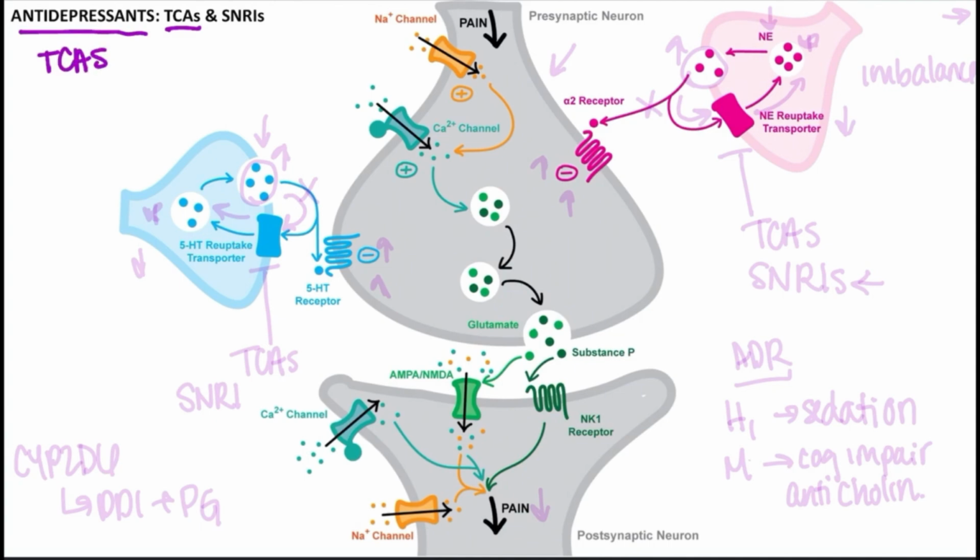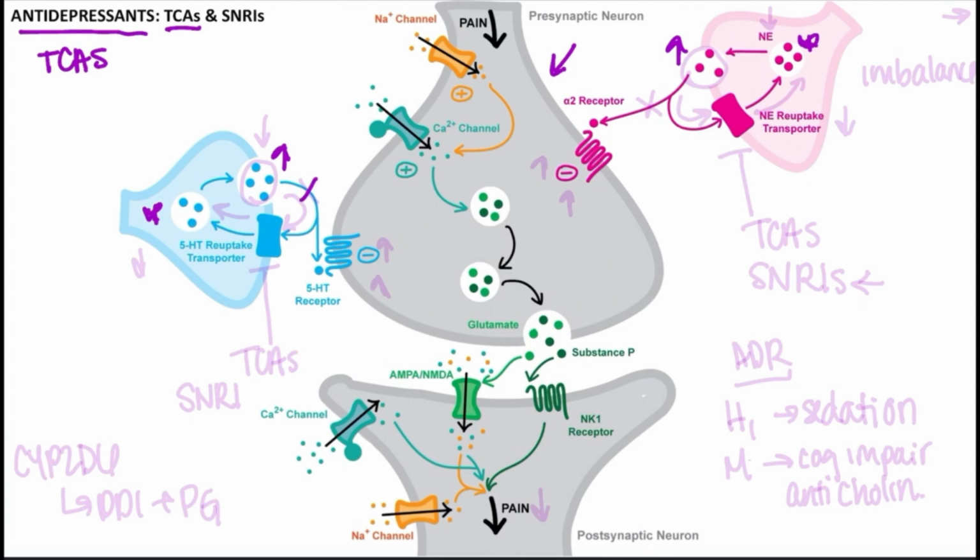So before we discuss their mechanism of action, we first need to talk a little more about norepinephrine and serotonin signaling at these synapses. So we know the descending inhibitory pathway exerts its effect on our presynaptic nerve terminal by releasing either norepinephrine or serotonin, which will bind its respective receptors, and when no longer needed, we need to have a way to turn off this signal.